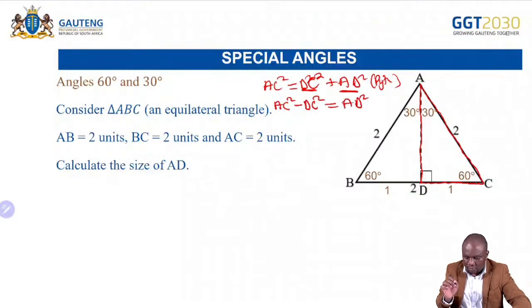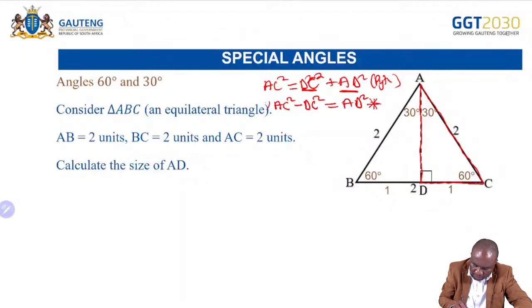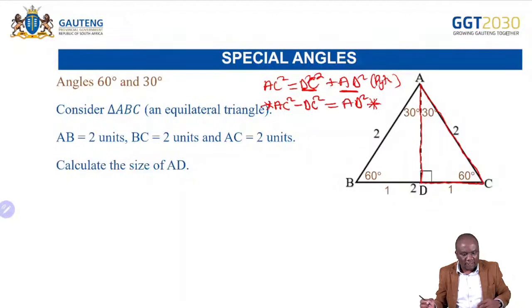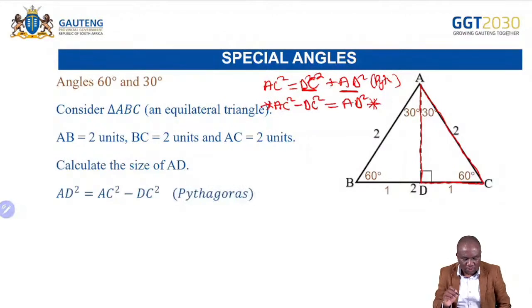And then some people, when they're finding this side, they just come straight to this equation there, which is what I have there. You see that? So AD squared is equal to AC squared minus DC squared. We have our AC, which is 2 units. We have our DC, which is 1 unit.